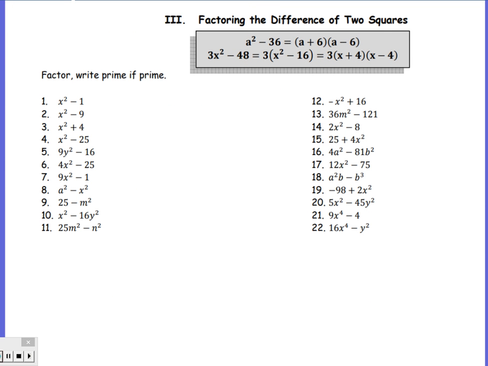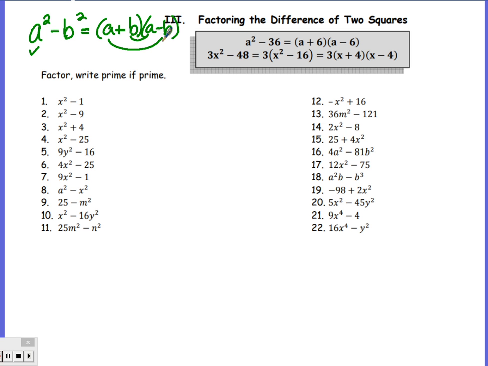All right. A difference of 2 squares. These are so much fun once you get them. So the formula here is if you have a squared minus b squared, a difference of 2 perfect squares, you end up with the factors a plus b, a minus b. So if I multiply this back together, a times a is a squared.